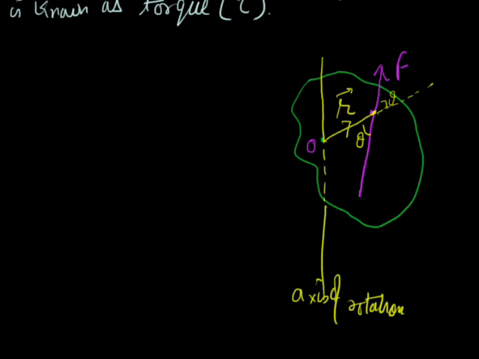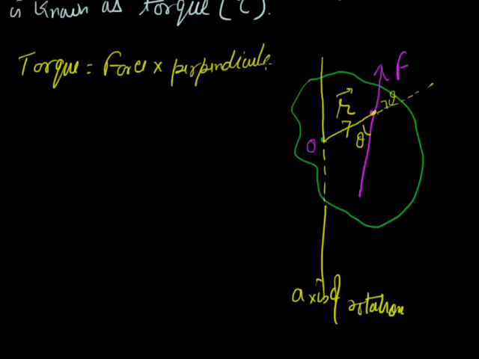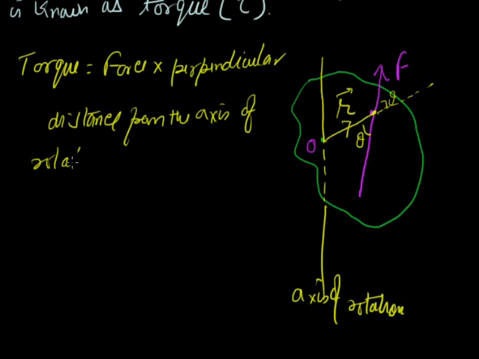Now we want to find the torque. Torque is written as force into perpendicular distance from the axis of rotation. In mathematical form, tau will be force F into perpendicular distance.